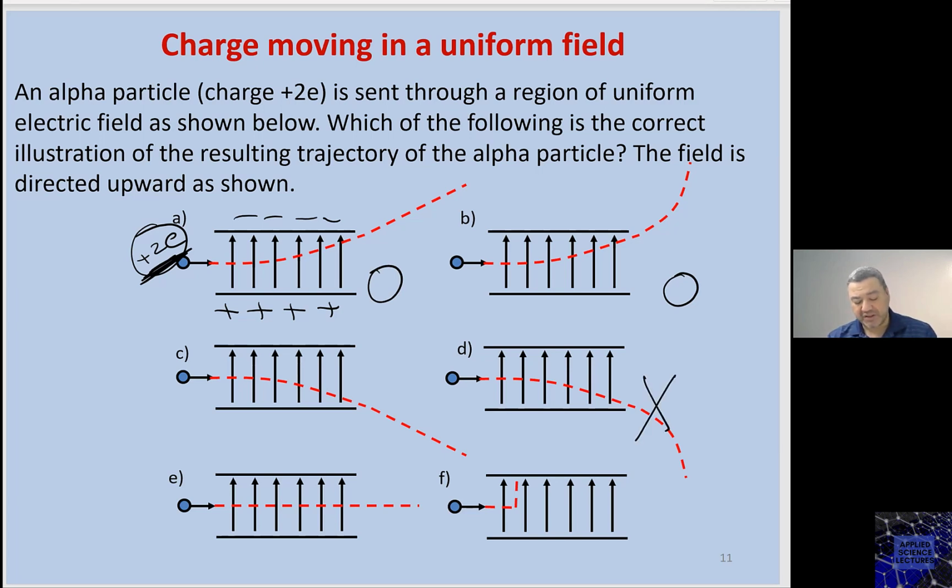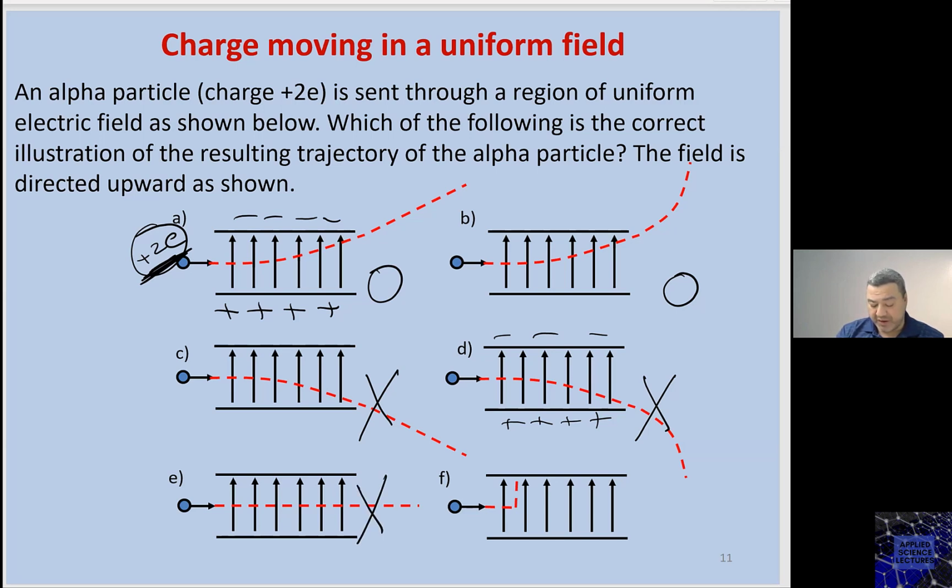Why? Because this positive charge will never be attracted toward the positive; it will be attracted toward the negative. So this is wrong. This is wrong. Here, there is no attraction at all, which means there is zero force applied on it, and we know that there are forces applied on it. So this is wrong as well.